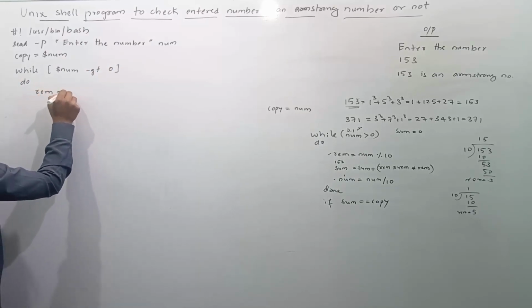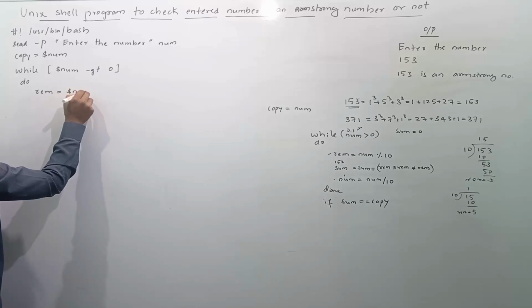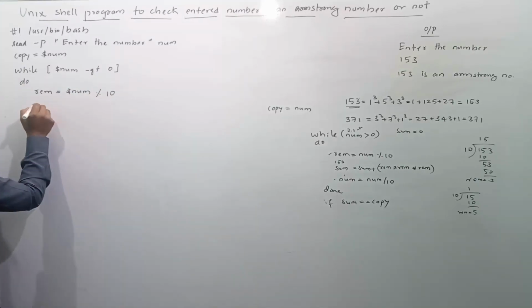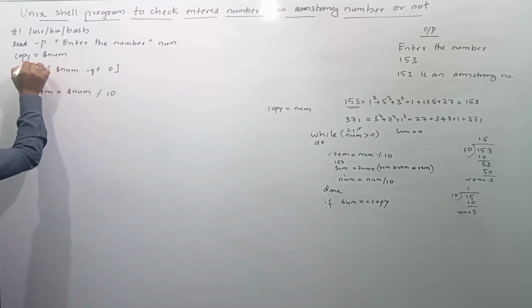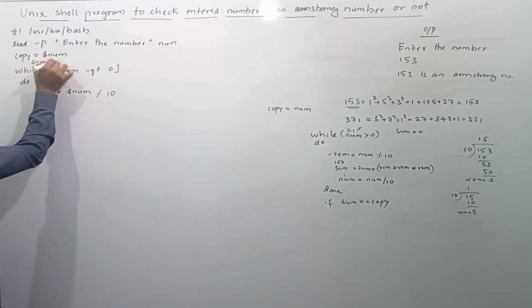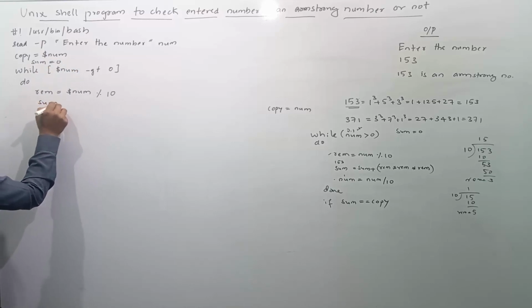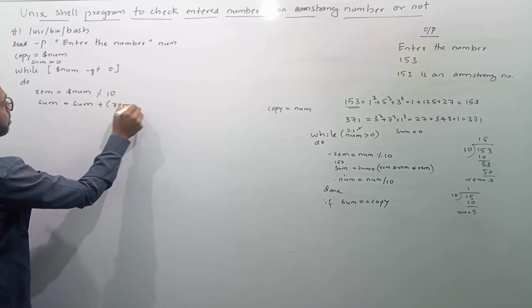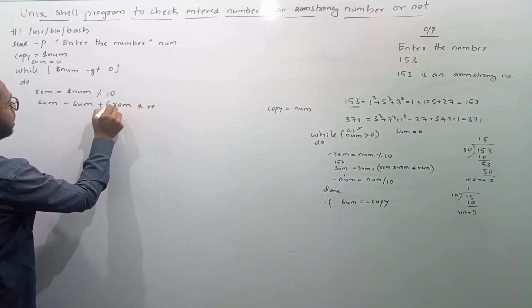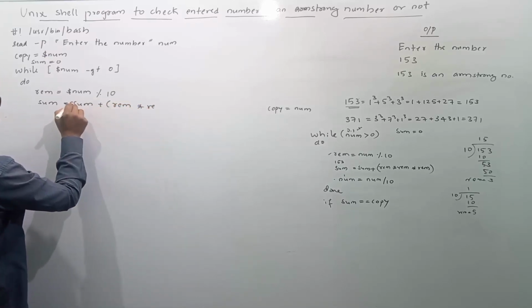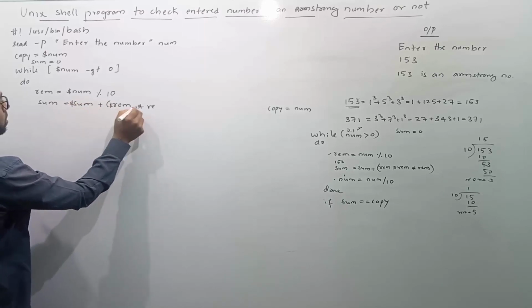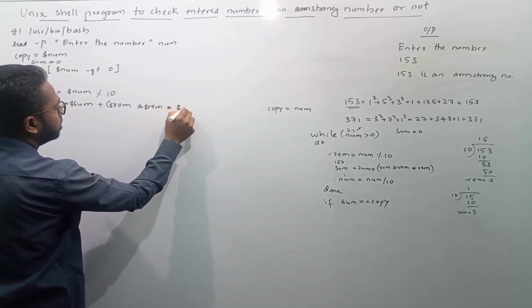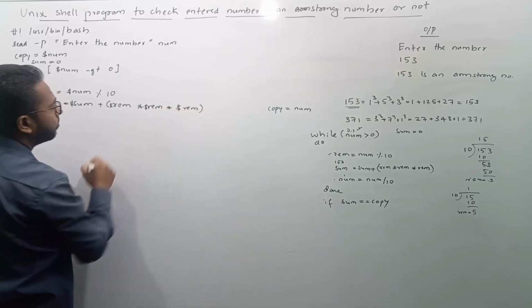remainder=$num mod 10. Next sum. Yes, here I need to initialize sum also with 0. sum = sum plus remainder into, here I need to use dollar remainder into dollar remainder.